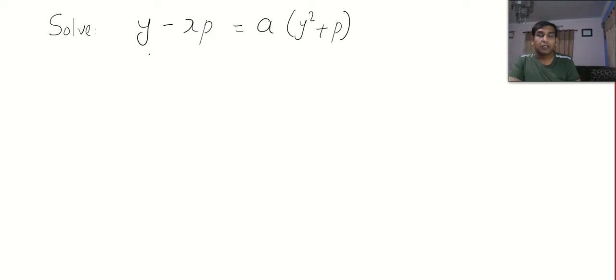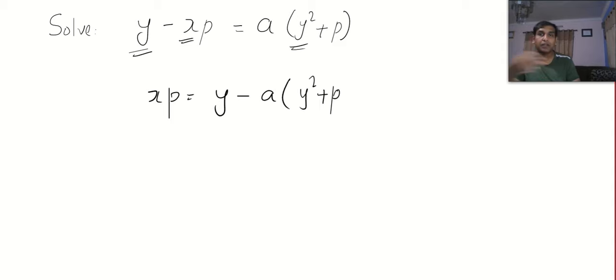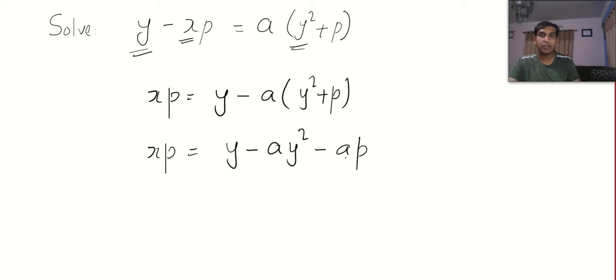So we have a differential equation. I can see that y comes 2 times and x comes only 1 time. So that gives me an idea. I can write x in terms of y. So I'm going to write x into p, I'll take it to the other side. So that will be y minus a into y square plus p, and that gives me x into p is equal to y minus, open the bracket, a y square minus a into p.